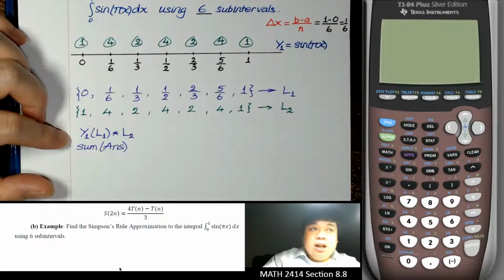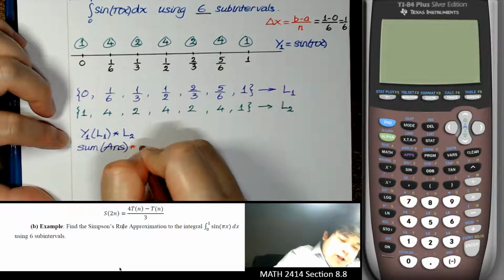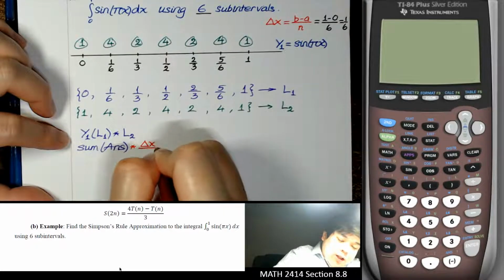Notice that in here we will multiply by delta x divided by 3.